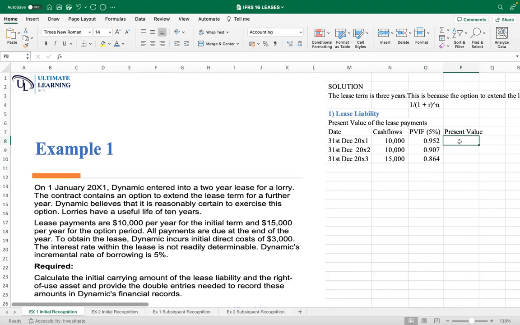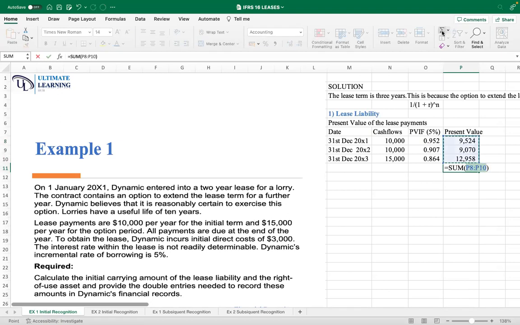So what do we get here? The present value is the cash flow times that. The present value of 10,000 to be paid in year 1 is 9,524. So now, what is the total present value?